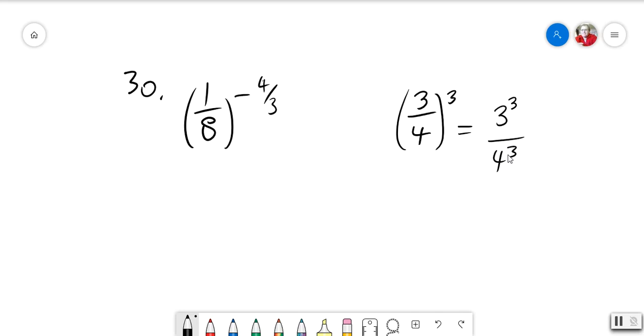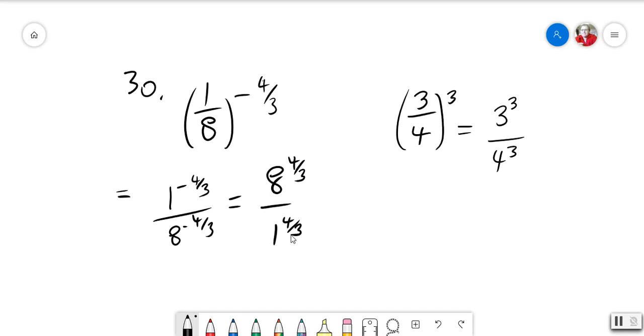It distributes. So what happens here is I get 1 to the negative 4/3 over 8 to the negative 4/3. Negative powers mean a reciprocal. So it flips. 8 to the 4/3 over 1 to the 4/3.